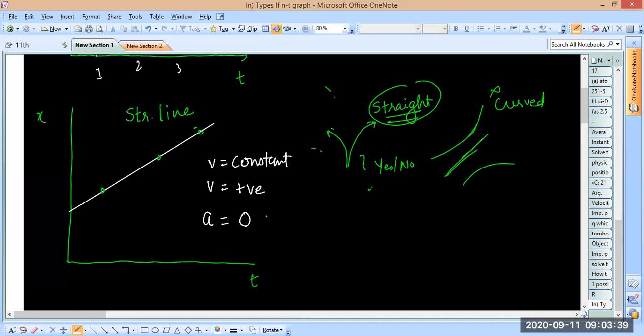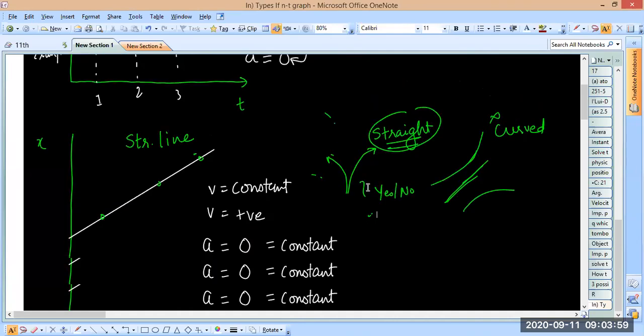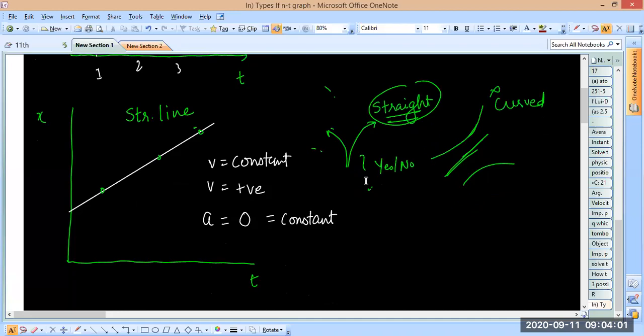So you could say that here acceleration is also constant and it is 0 everywhere, because the graph never curves. All right, so I think that's it. These are two cases. We will talk about more cases next time. Okay, goodbye everyone.